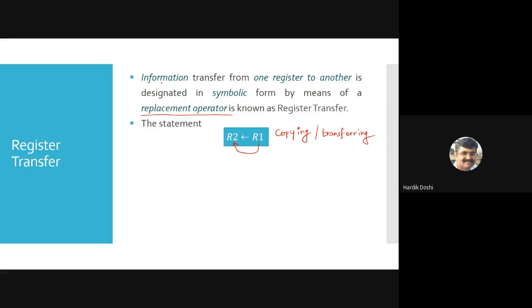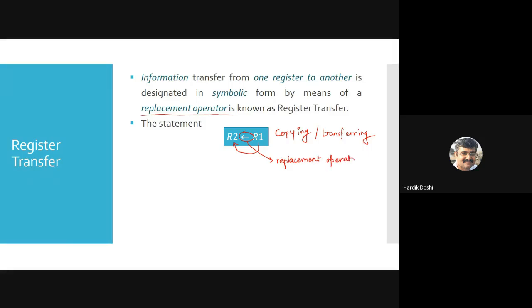That's why the information transferred from one register to another is designated in symbolic form by means of a replacement operator. And now I am defining this arrow which is written: it is termed as the replacement operator.